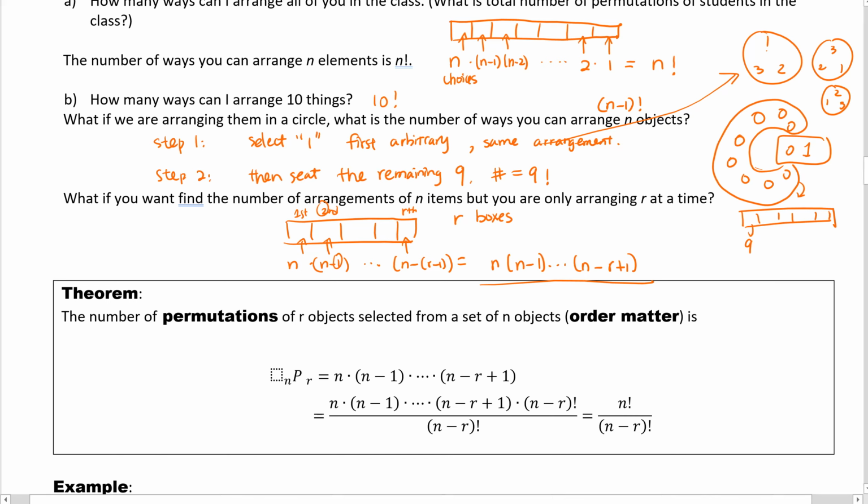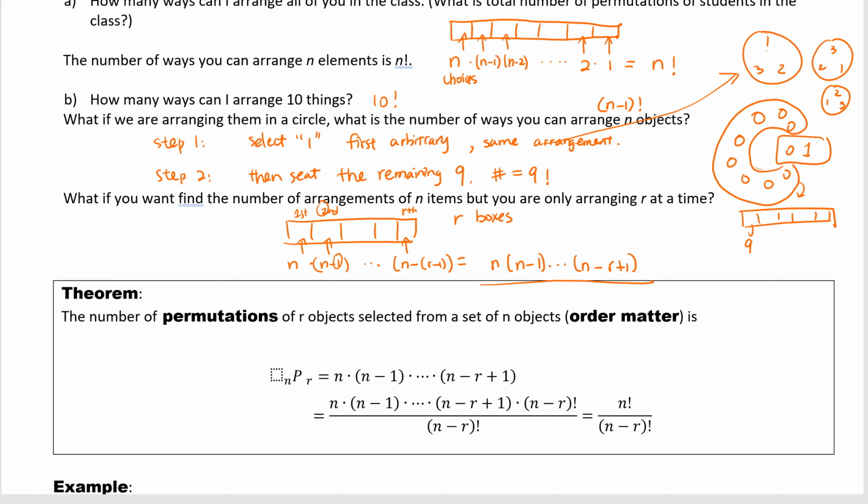And what is this? Well, you can multiply the numerator and the denominator by n minus r factorial. Now what happened to the numerator? Because the last factor is n minus r plus 1, the next number when we count down is n minus r.